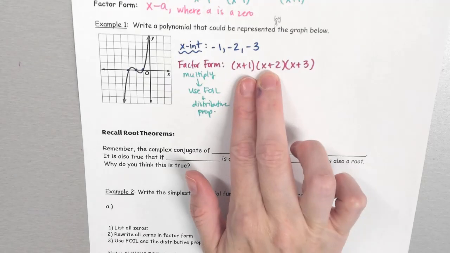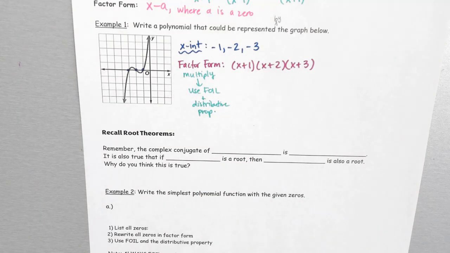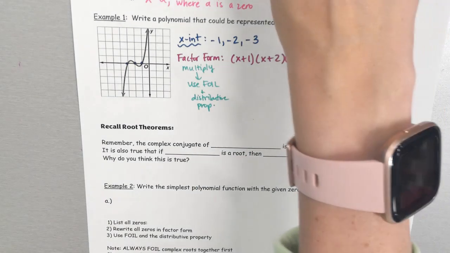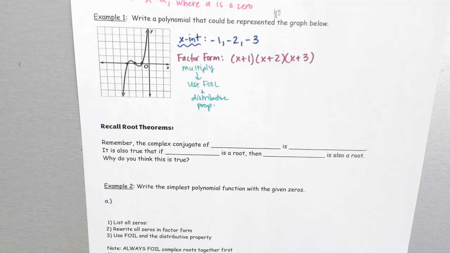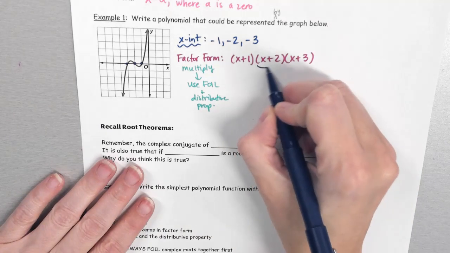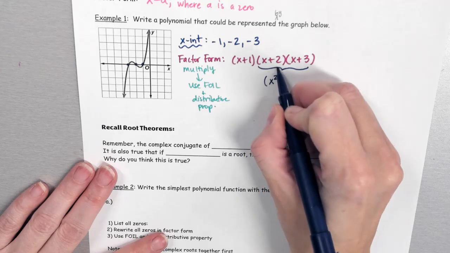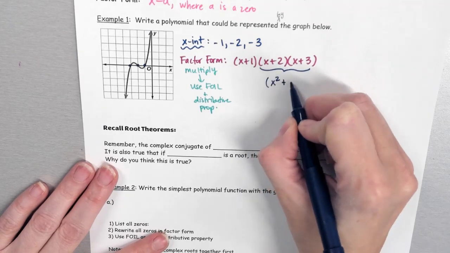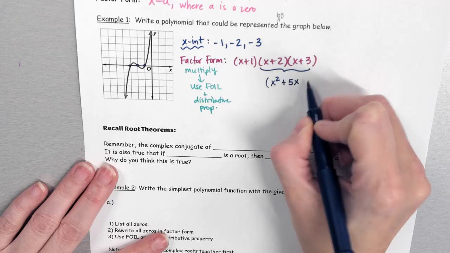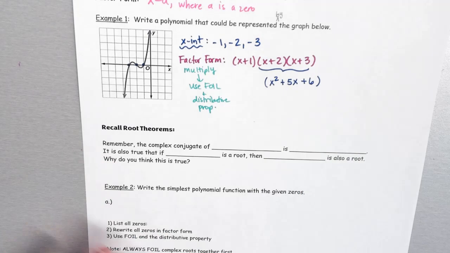So if you want to do the first 2, you can. If you want to start with the last 2, you can. I always like to FOIL the last 2 together so that I can distribute the front one. So if you FOIL, you'll get x squared plus 2x plus 3x is plus 5x. 2 times 3 is 6.